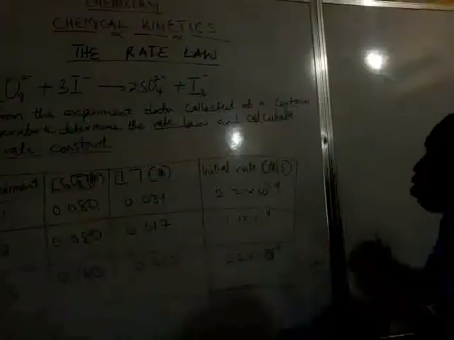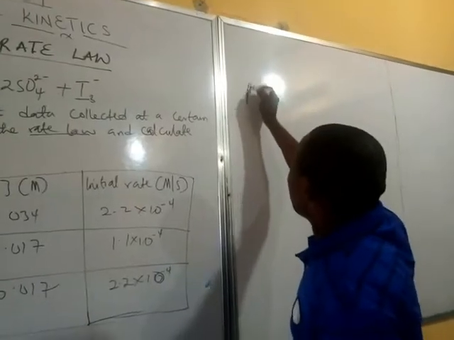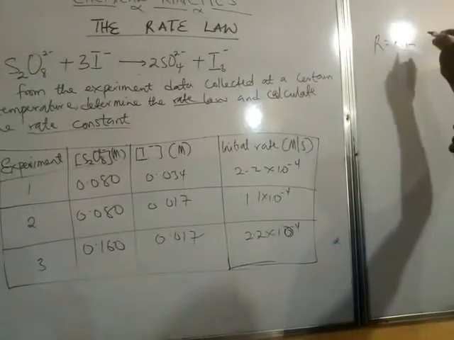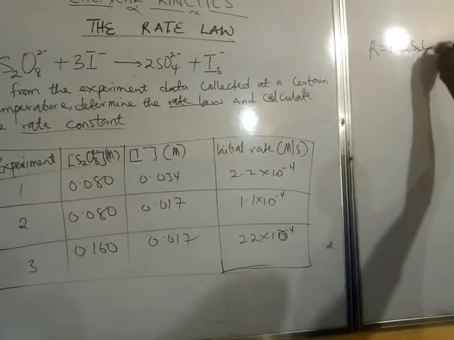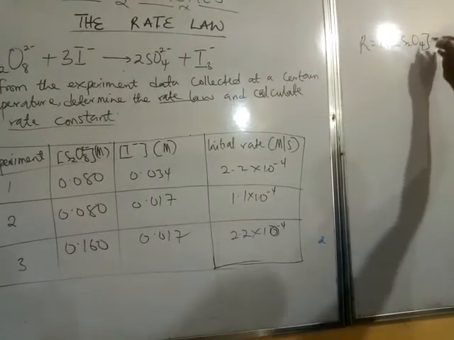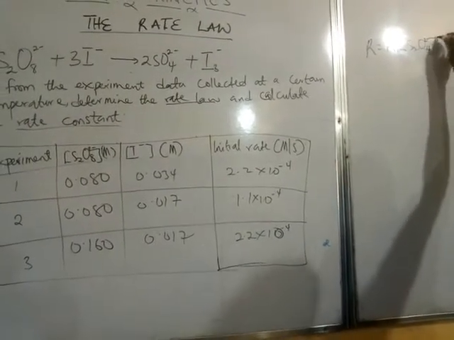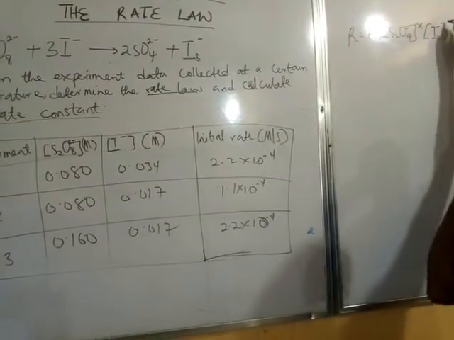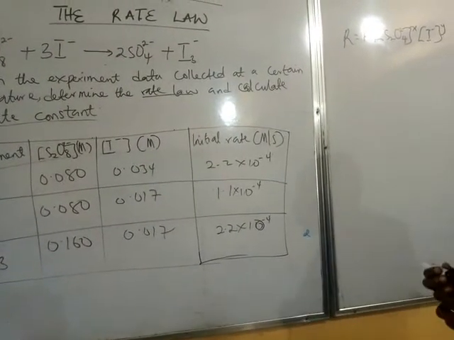Now, if you write it like this, the rate of the reaction is equal to K, S2O8 to the power of X, iodide ion to the power of Y. So let us solve for such.